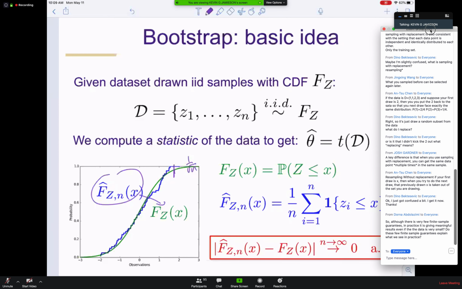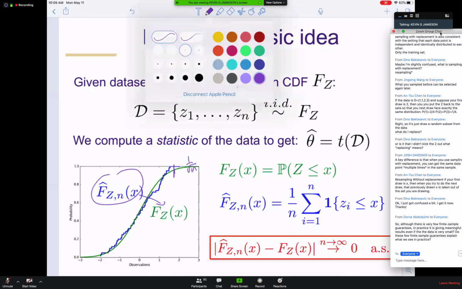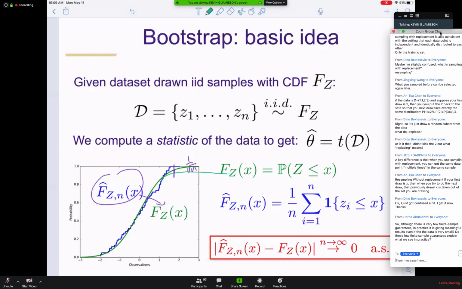The problem that you're bringing up, though, is that if you have a very heavy tail distribution, that means this green function is going up very, very slowly and not hitting 1, and it's very far out here. So even though this distance is very small, because the x-axis is so large, you could get this large deviation. And so the bootstrap will never be able to beat this unavoidable fact.